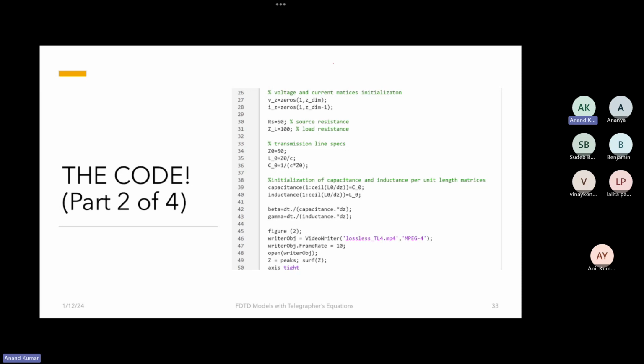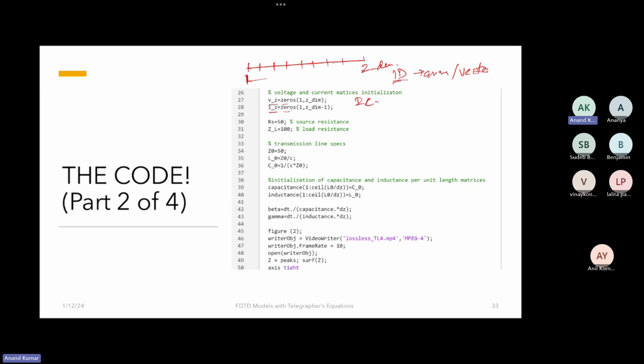Since this is a one-dimensional case, it is just an array, or you can call it a vector. We are defining the voltage and current values at all the points. Since we know that the first node is 1 and the last node is ZDIM, we have defined the voltage and current values at all the nodes to be 0 as the initial conditions.